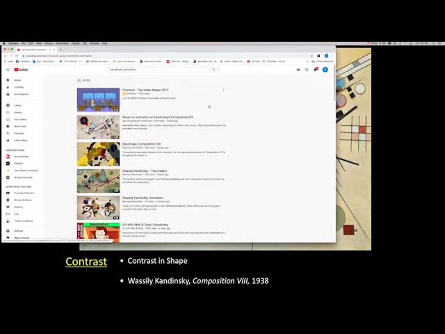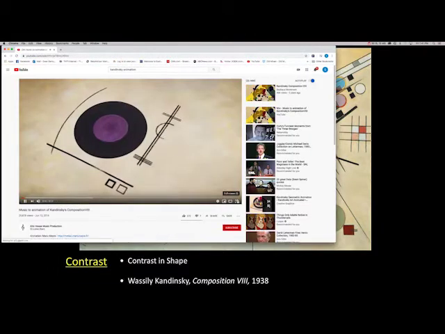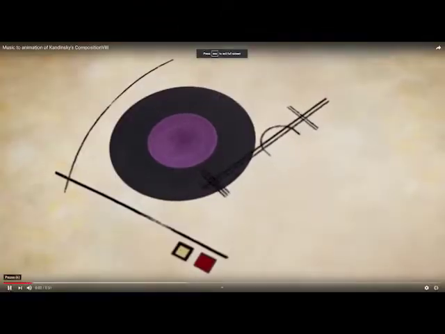And I may have already showed you this piece, but let's see here. Yeah, this is the one. I found this really, really interesting, where someone took the Kandinsky piece and broke it into pieces and animated it. It's only about 50 seconds, so.